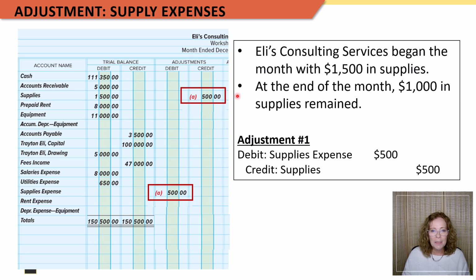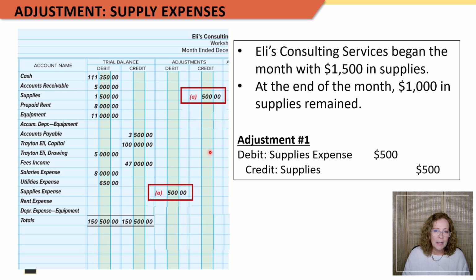Let's figure out the debit and the credit for this transaction. First, what account increased and what account decreased? Supplies expense has increased, and supplies expense is an expense account, and just like assets, expenses increase with debits. That means we need to debit the supplies expense account.